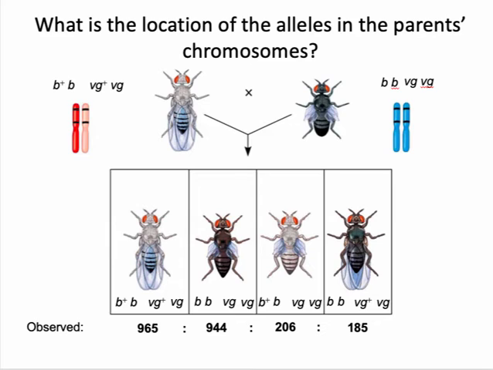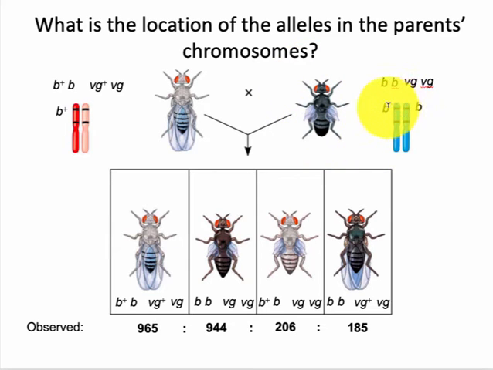And now we can use this information from the offspring to figure out what is the configuration of these alleles in the chromosomes of the parents. So we can look at these parent fruit flies and figure out what are the chromosomes in all the rest of their cells, what do they look like? Let's start with the fly that is homozygous for both genes.